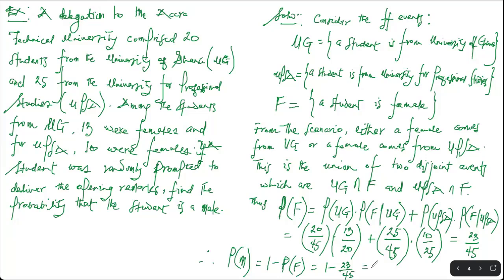And that becomes 22 on 45. And this probability is slightly less than 50%, slightly less than 0.5.